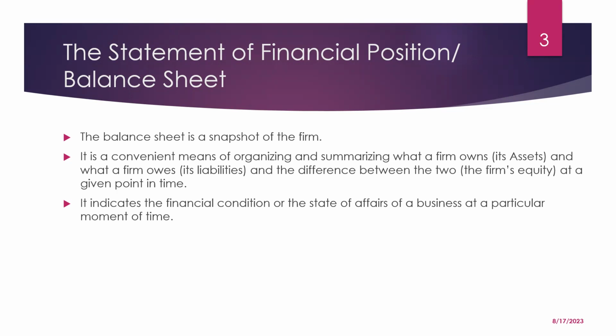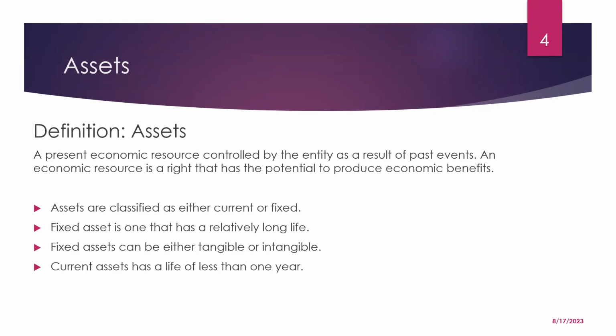We can have a clear understanding about those types of affairs, ownership and financial condition at a particular moment of time by using a balance sheet. Right. Now we will move on to the definitions of assets, liabilities and equity. I know you have a clear understanding, but for the sake of introducing all these things to you, we will go through them one by one.